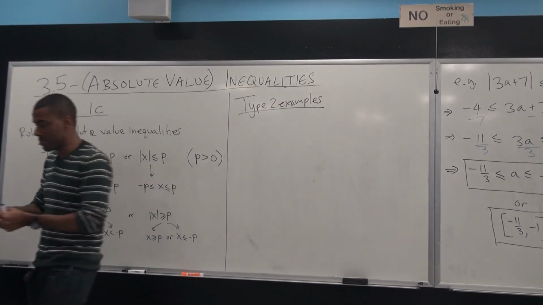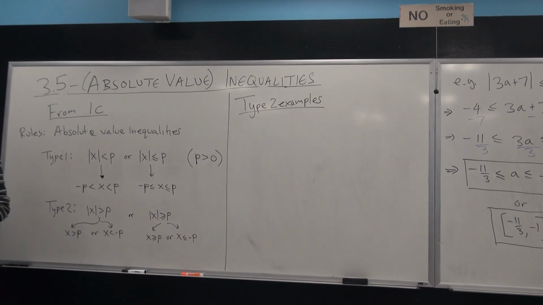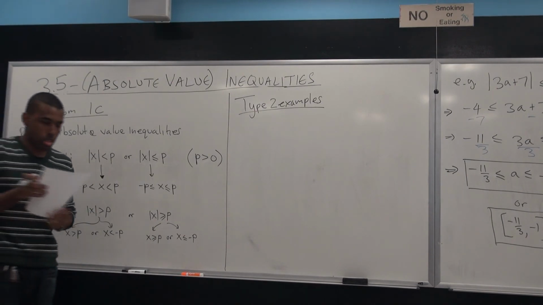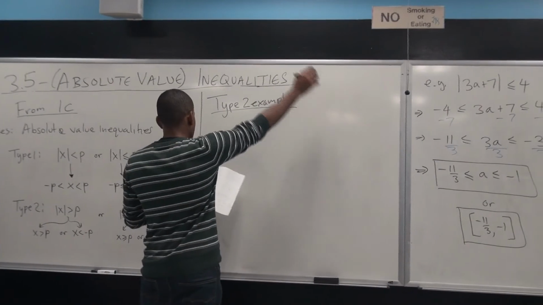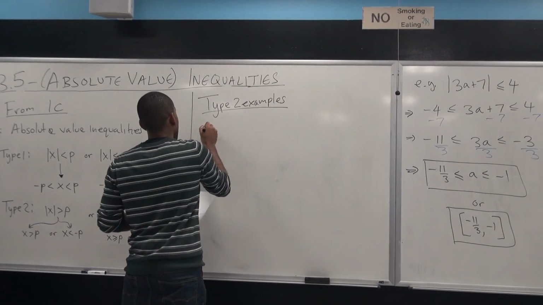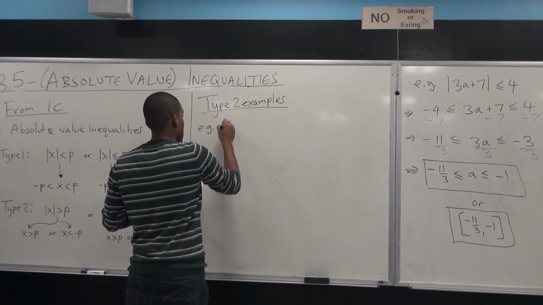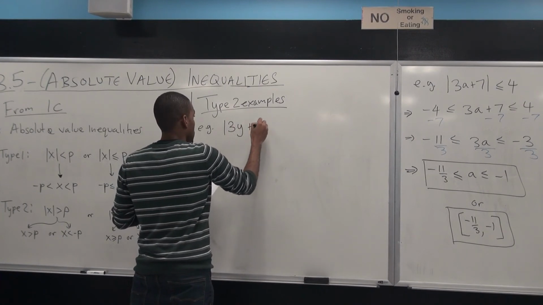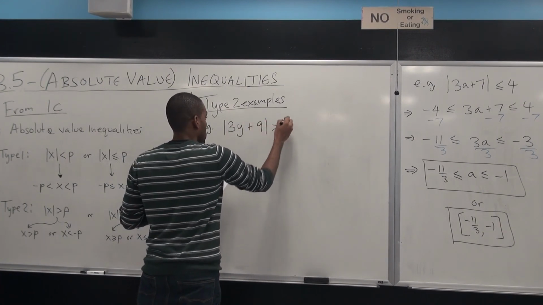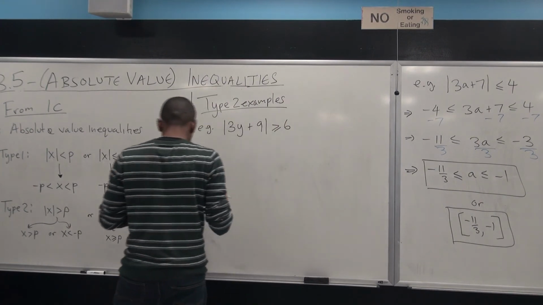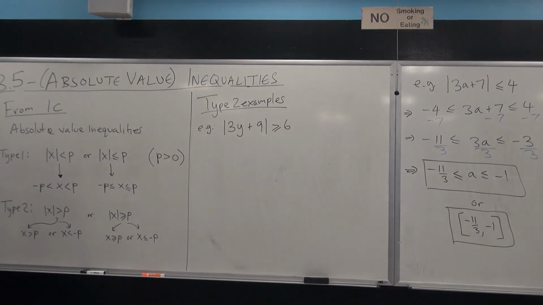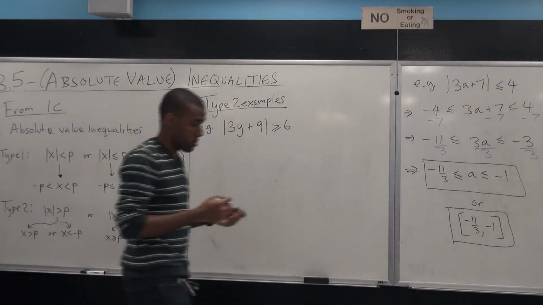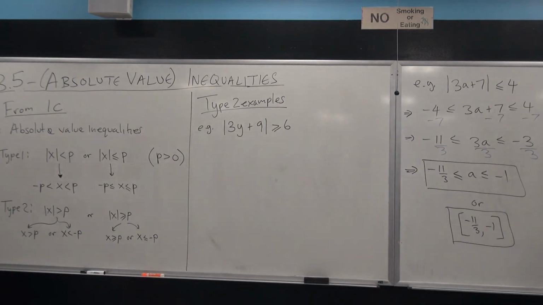Type 2 examples. The type 2 ones are a little bit harder, but I can show you. Did you add -8 and 5?